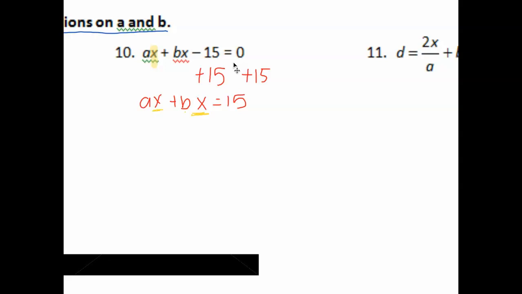And now hopefully what you notice is that I have an X and an X. So that is a GCF of the left side. So we can use the idea of a GCF and factor out an X.